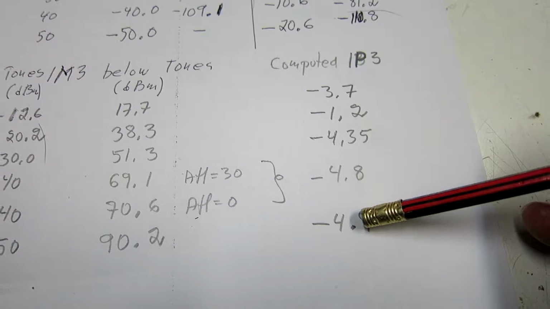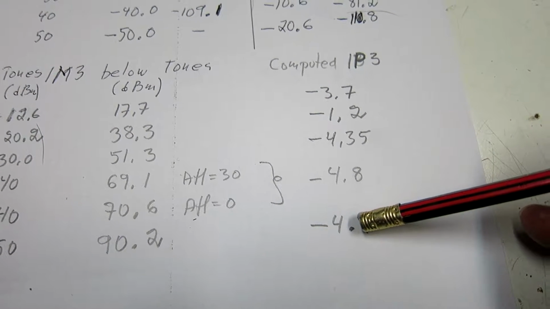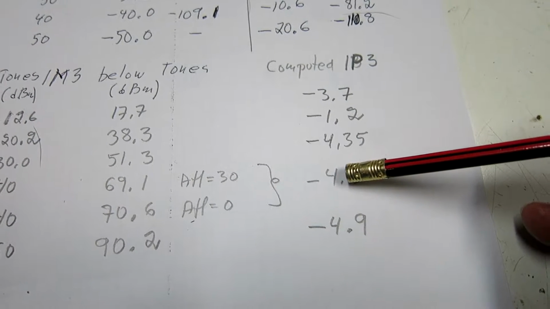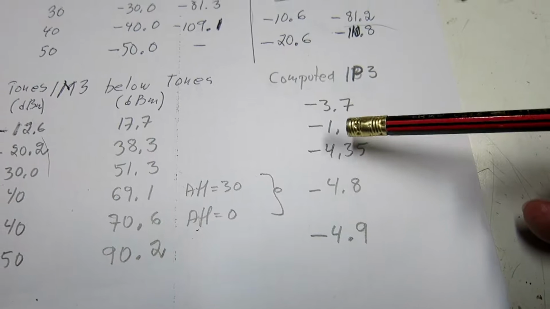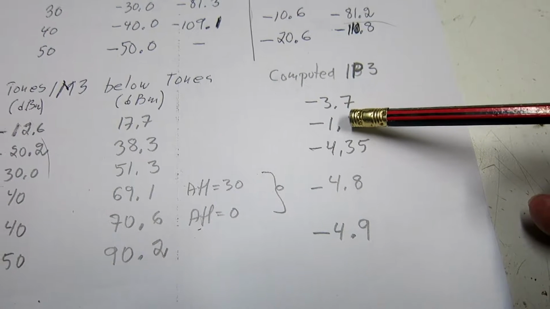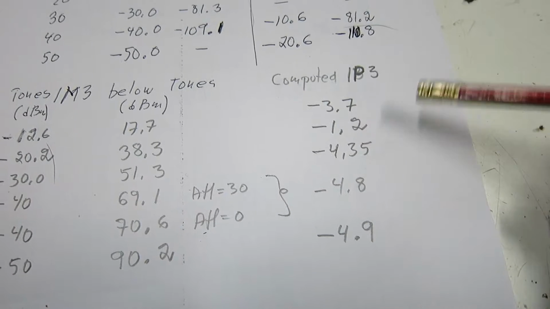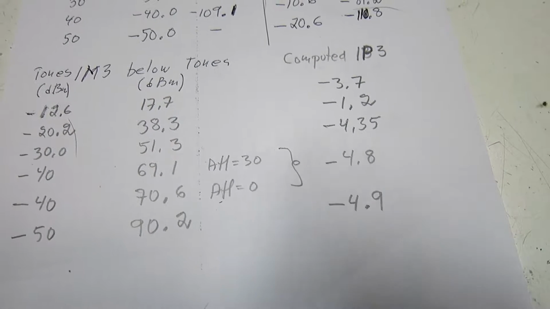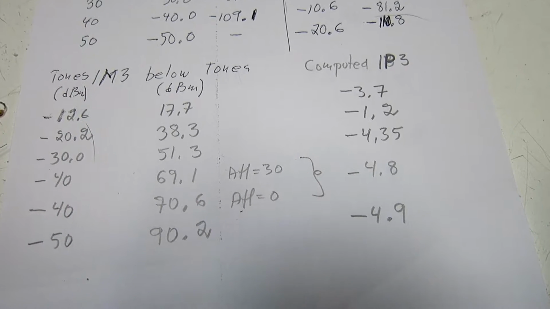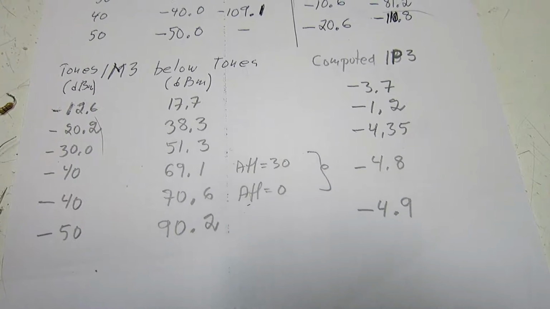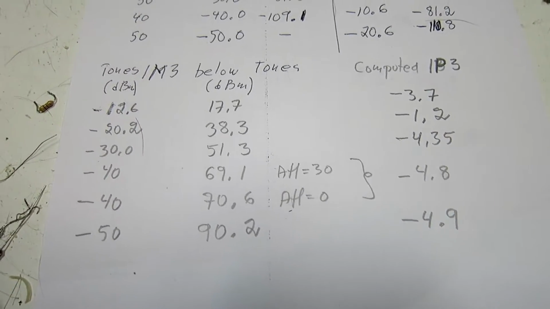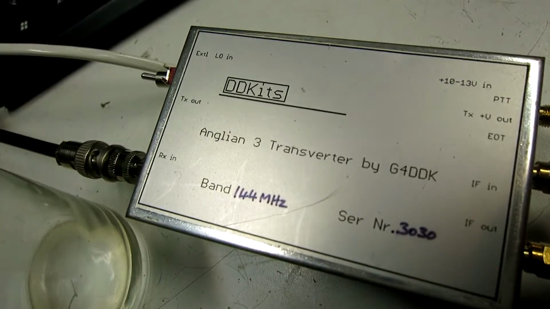IP3 should be extrapolated up from low levels, so it's from here or from here, and that we get somewhat different at very high level. That's not really IP3. So 4.8 or 4.9, minus 4.8 or minus 4.9 dBm is the IP3 I find for this unit.